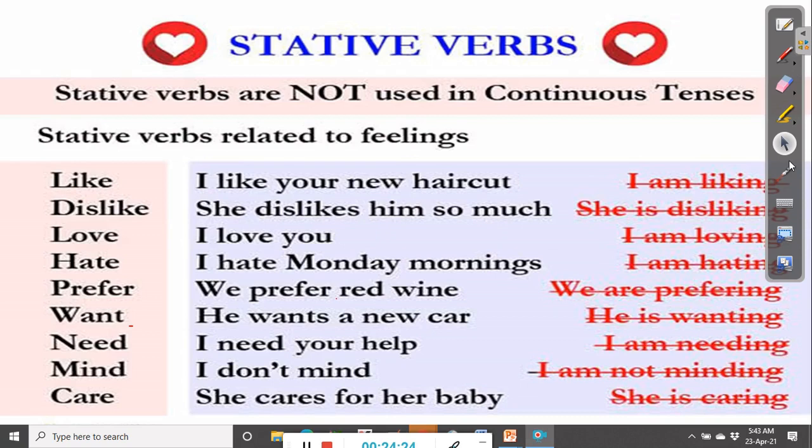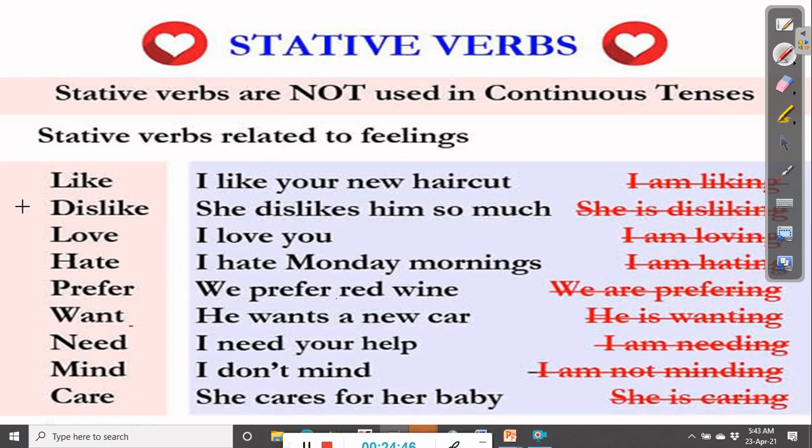All right, so we have to look at stative verbs not being used in continuous tenses. And we also ought to understand that stative verbs are related to feeling. They are used in expressing feelings.